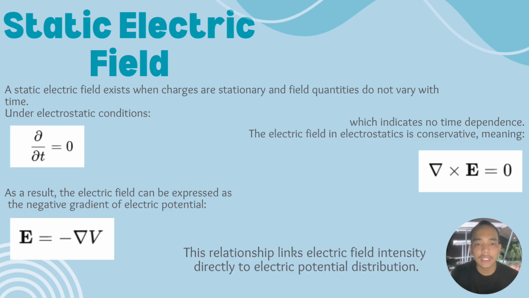Because of this, the electric field can be expressed as the negative gradient of electric potential. E equals negative del V. This establishes the relationship between electric field and potential.